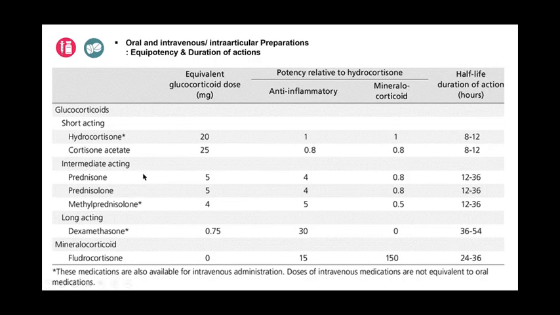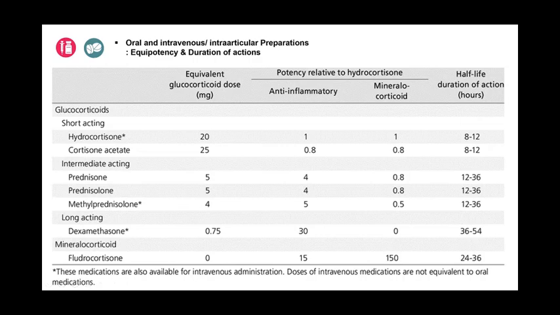They compare the drugs with hydrocortisone because hydrocortisone mimics the cortisol in our body. As you can see, prednisone and prednisolone have 4 times the anti-inflammatory activity compared to hydrocortisone, but they have less mineralocorticoid activity. Because of that, 5 mg of these drugs is equivalent to 20 mg of hydrocortisone.